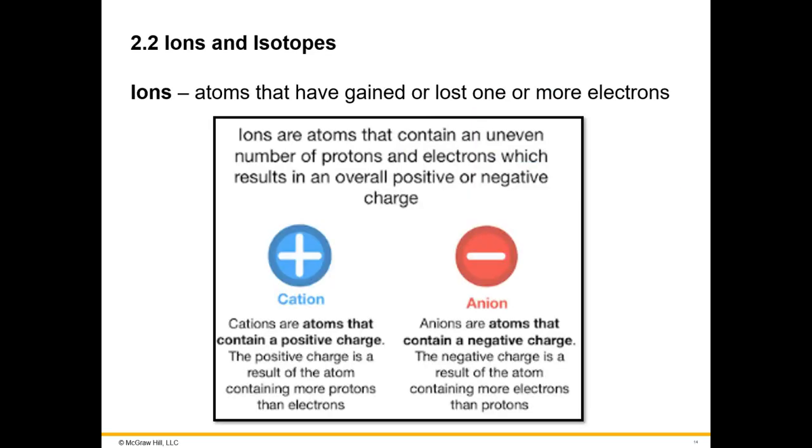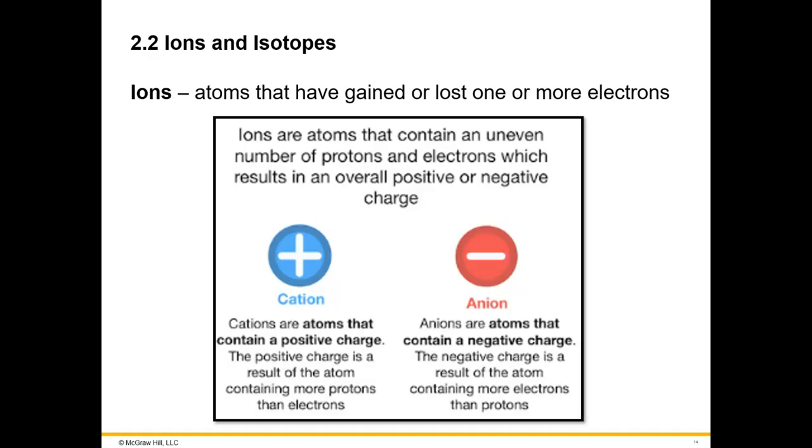2 of the main terms in chemistry that tend to be confused, especially early on, like the first test, seem to be ions and isotopes. So it's important to be able to differentiate between an ion and an isotope. When we're talking about ions, that's just meaning atoms that have either gained or lost 1 or more electrons. And as a result, they're going to have a charge.